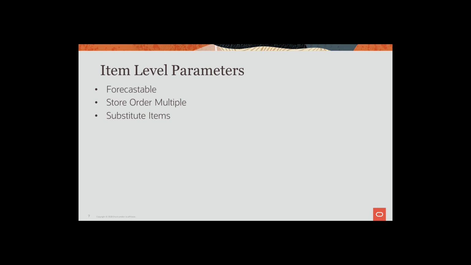If not, then only non-forecastable methods of replenishment can be selected for this item. Store order multiple, which can be either eaches, inner pack, or case pack. This determines how rounding rules will be applied to orders for that item. And substitute items, which can be used to specify items that should be used to fill a replenishment order if the primary item is not available.